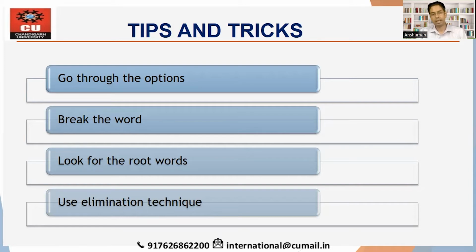For example, justice is a base word. If you add in before that, it becomes injustice. So it is a prefix. And if you add something on the last part of the word, then that is known as a suffix.